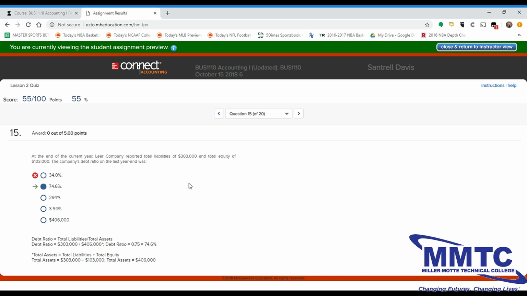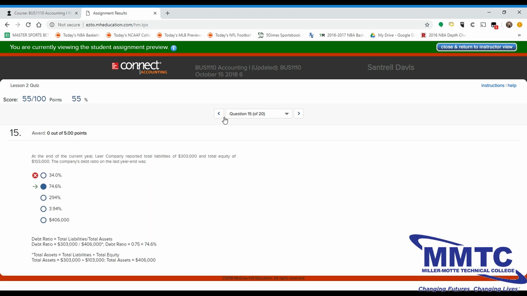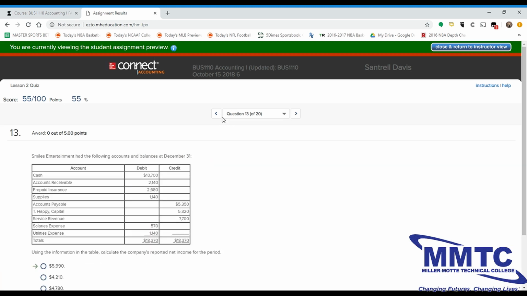So 303,000 divided by 406,000 is 74.6%. See that? So y'all see that? Remember your accounting equation: assets is equal to liabilities plus equity.